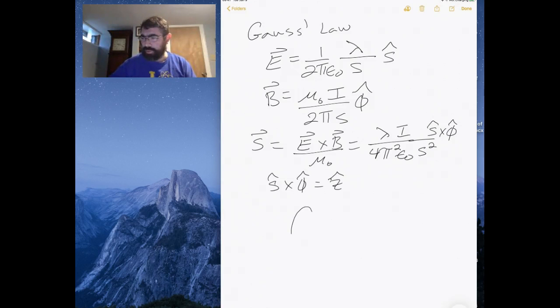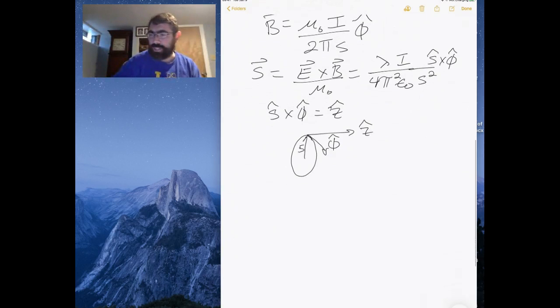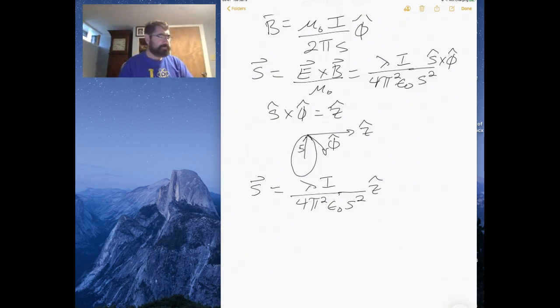If I draw this out, I would get phi pointing in this direction, s pointing in this direction, therefore z is pointing perpendicular to both, to that plane right there. Okay, so now we've got the Poynting vector, so I'll write it again as lambda I over 4 pi squared epsilon naught s squared in the z direction.